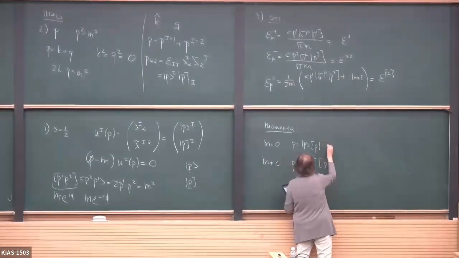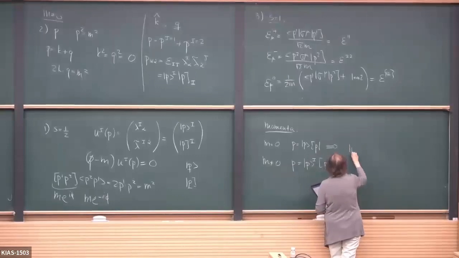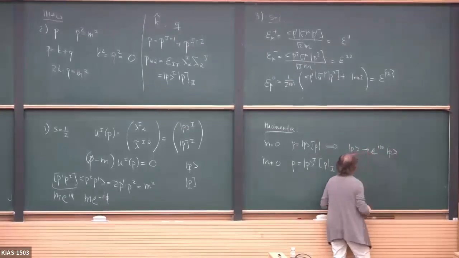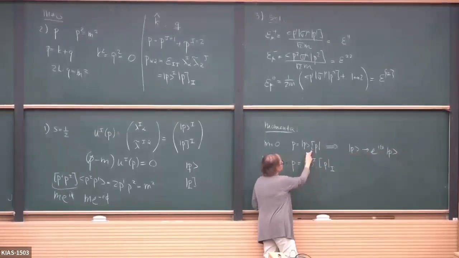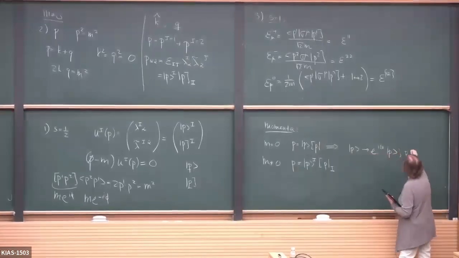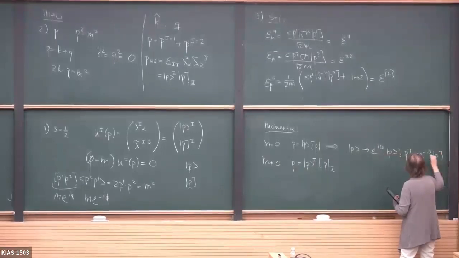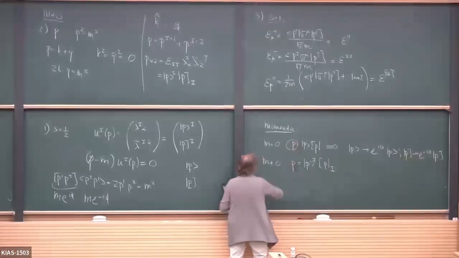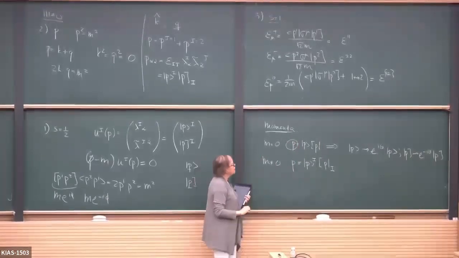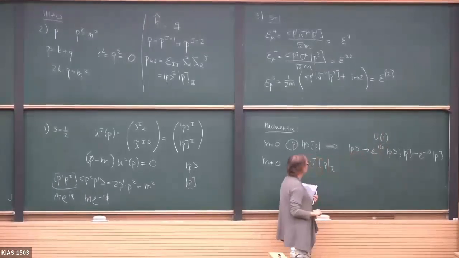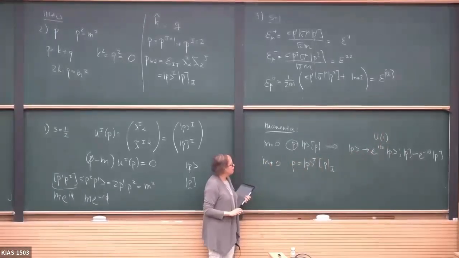So for example, in this case, we can take p to e to the I theta p. We can phase rotate it. And similarly, we of course need to take p to e to the minus I theta p. And the momentum stays invariant. So here we have some U1 freedom to redefine our spinors.